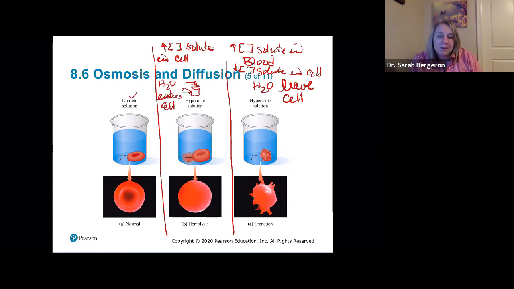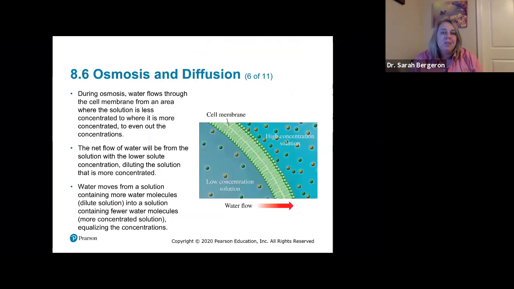But the crenation is when you would drink salt water. That would be equally bad, right? So how does this work? Well, during osmosis, water is going to flow through our cell membrane. There does not have to be something there to transport the water. It happens. There are also pores that are like tunnels that the water can flow through.